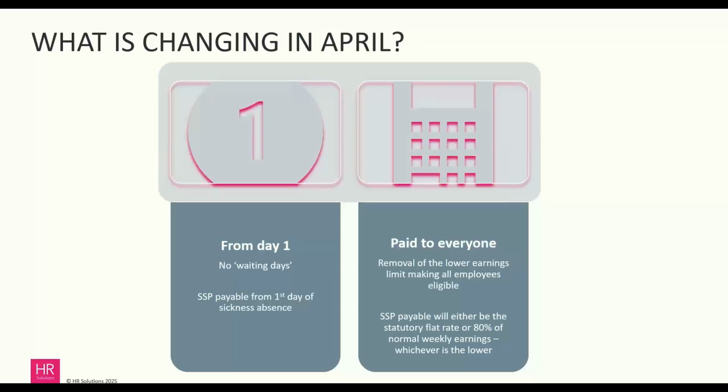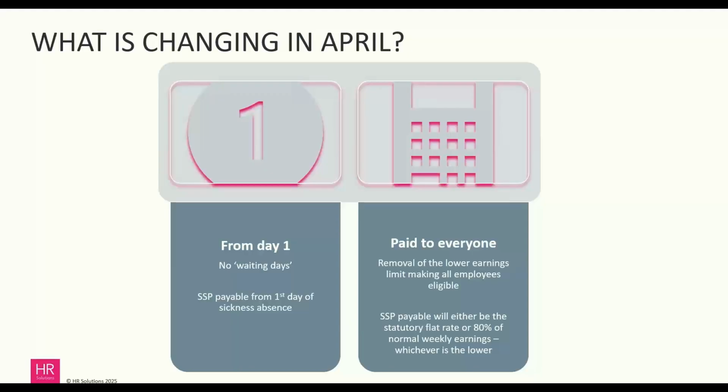Because of this, we need a way of determining how much SSP a low earner will be entitled to. Because we don't have that low earnings threshold and everybody's entitled, we're going to have a new method for calculating SSP. From April, SSP will be calculated at either the statutory flat rate or 80% of normal weekly earnings, whichever is the lower of those two figures.